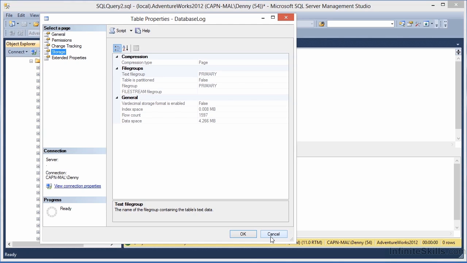The post-compressed version of the table was taking up about 450 gigs of space. So that's a huge amount of space savings, and that's a huge amount of money savings, because that means that they don't have to buy storage for that table for a good long time, because they already have the storage allocated. Now it's just a matter of reusing it now that the data is all compressed.